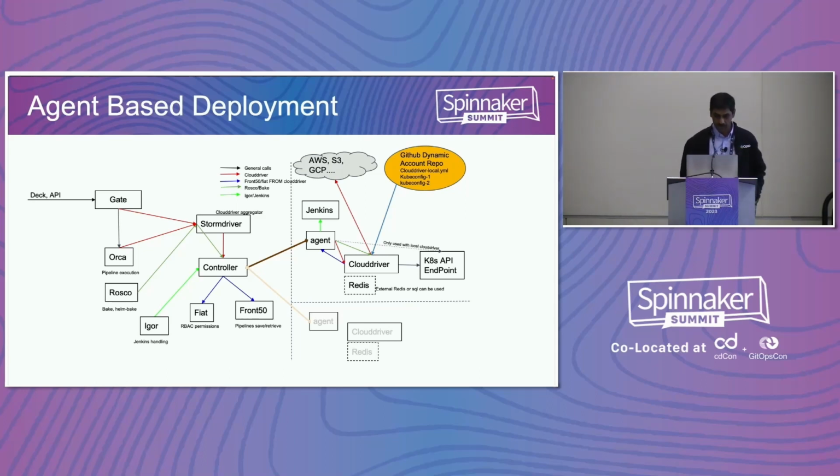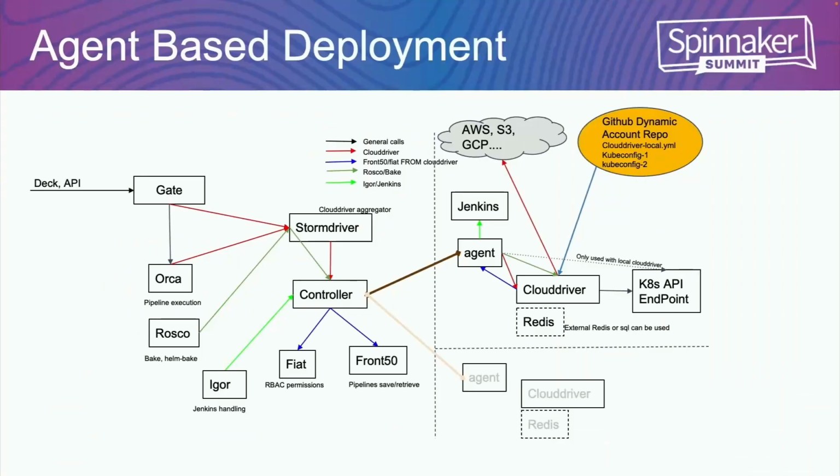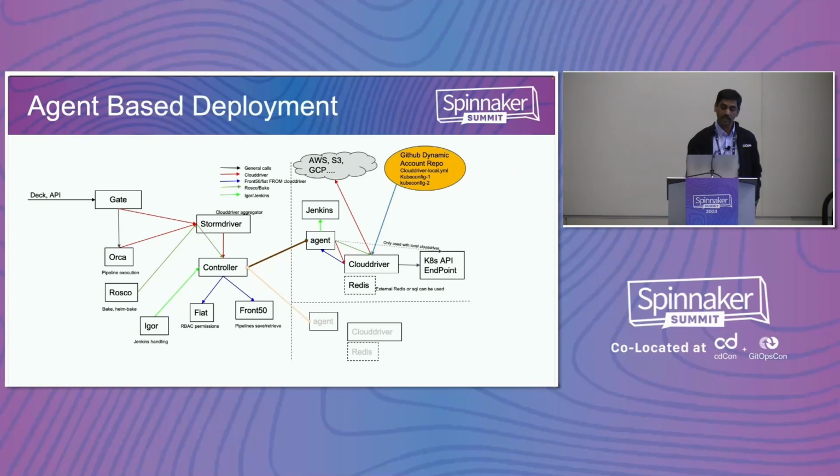And so you see here the paths with different color-coded pictures that allow you to see how the communication paths are. It's not just the Clouddriver. You can see Igor trying to talk to Jenkins. If Jenkins is in a remote environment that is not directly accessible, you can have the same mechanism working: Igor connects to the controller, goes to the agent, to Jenkins, and gets the responses back.